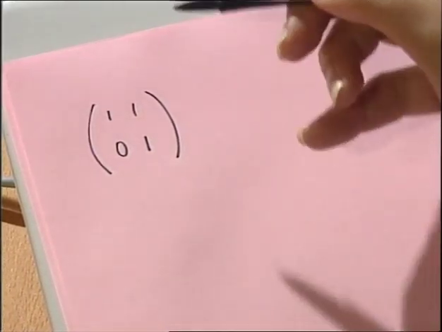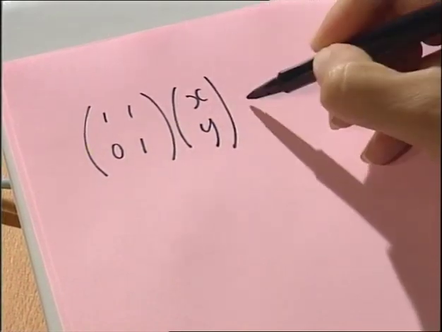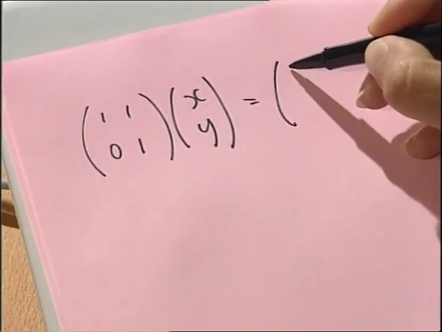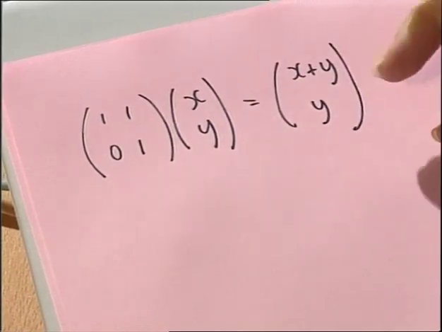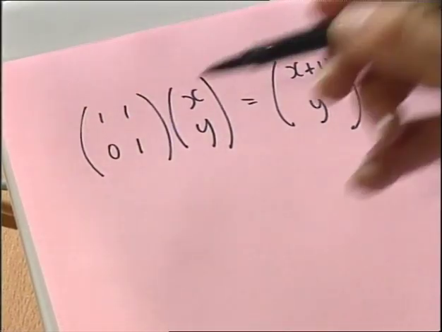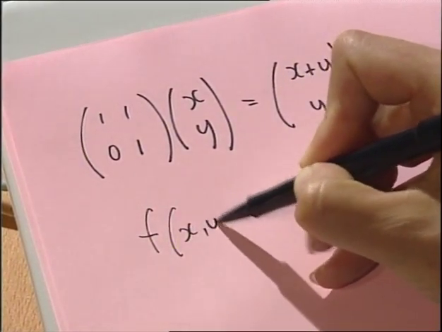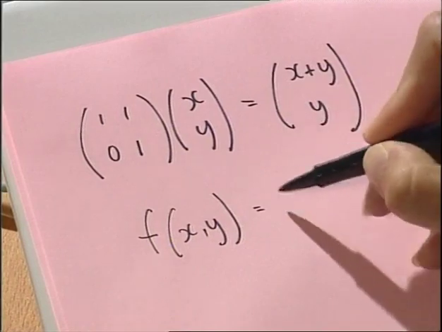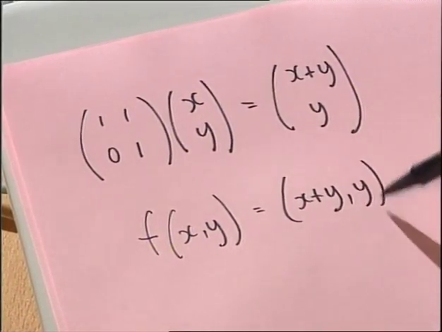Now multiply the matrix by (x, y), and you get (x + y, y). And the formula is f(x, y) = (x + y, y).